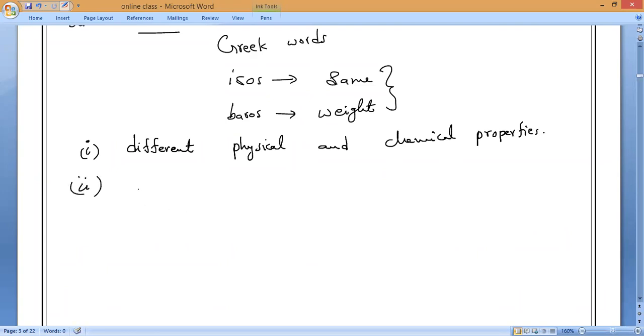Next, electronic configuration. Is it the same or different?